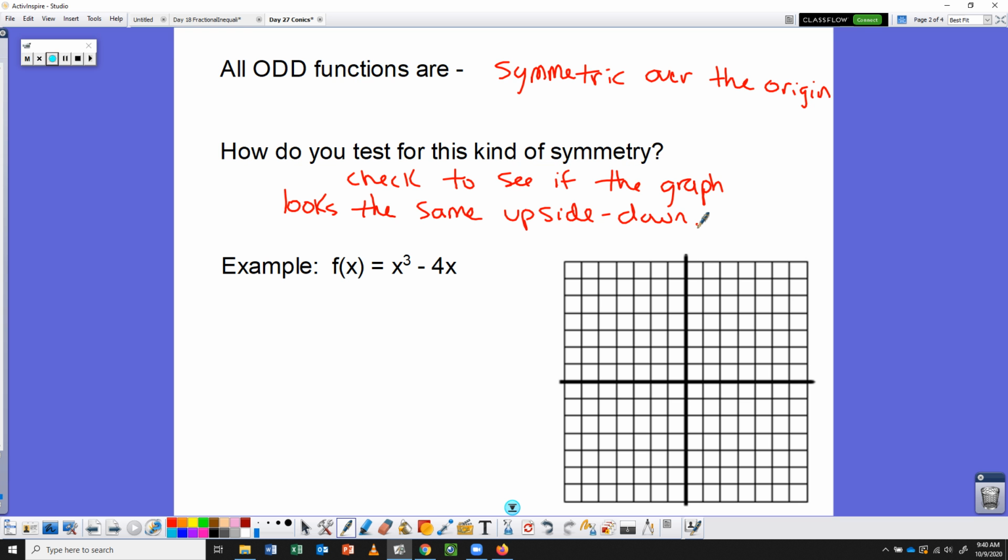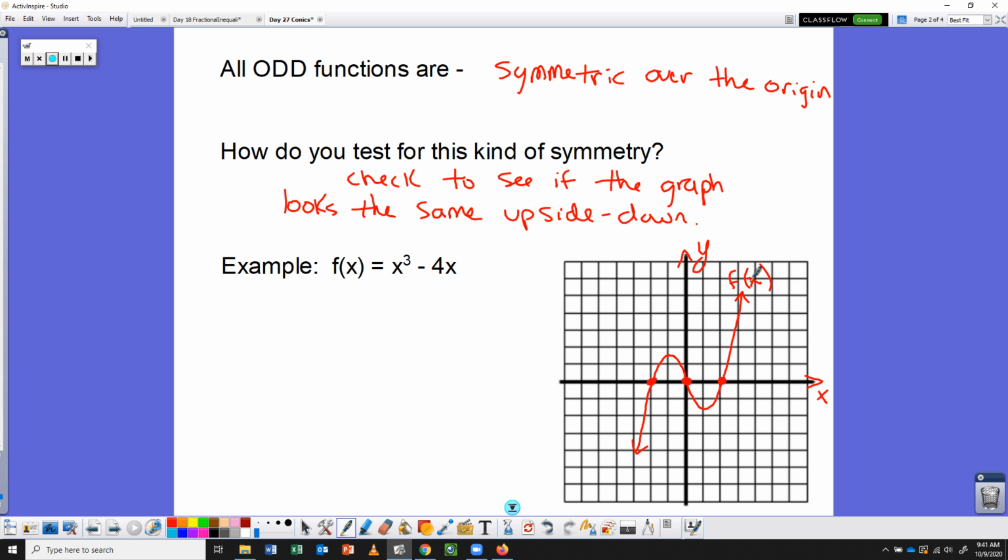So an example of this would be the cubic f of x equals x cubed minus 4x. If you want to go ahead and use your graphing calculator to make this, this is a cubic that crosses the x-axis in 3 spots, negative 2, 0, and positive 2. And the graph of it kind of looks like this. So this is f of x.